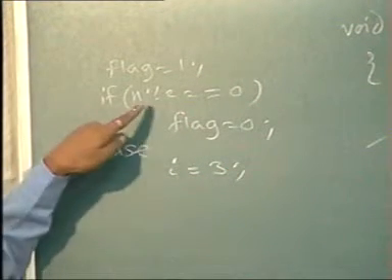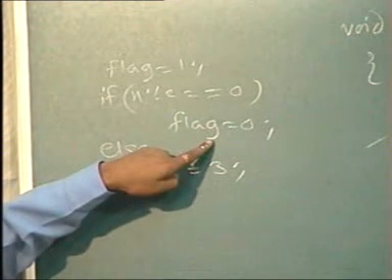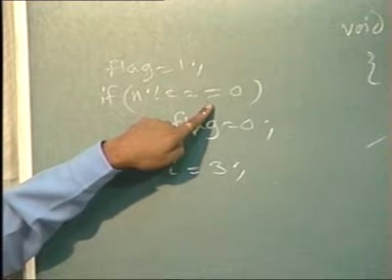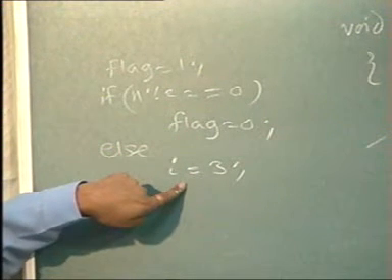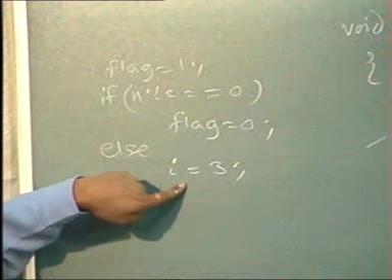So I am just checking whether it is even. If it is even, set flag to 0. No need to check further. If it is not 0, that means it is an odd number. In that case, set i to 3, because now I have already divided by 2. Inside the loop I will divide by 3, 5, 7.